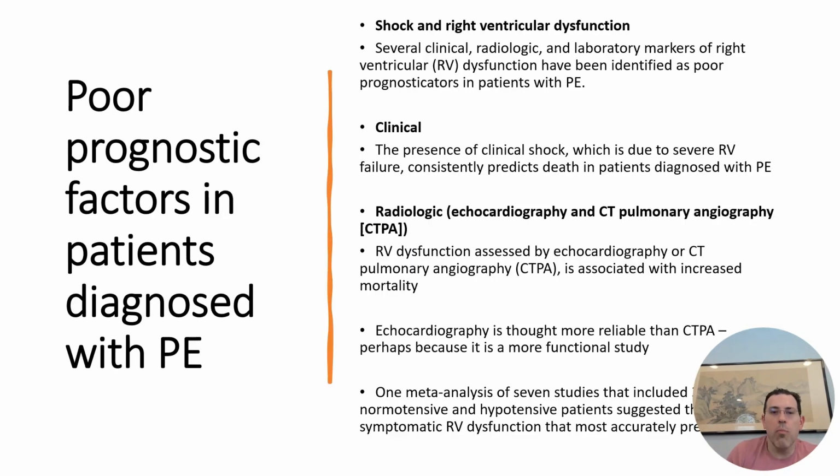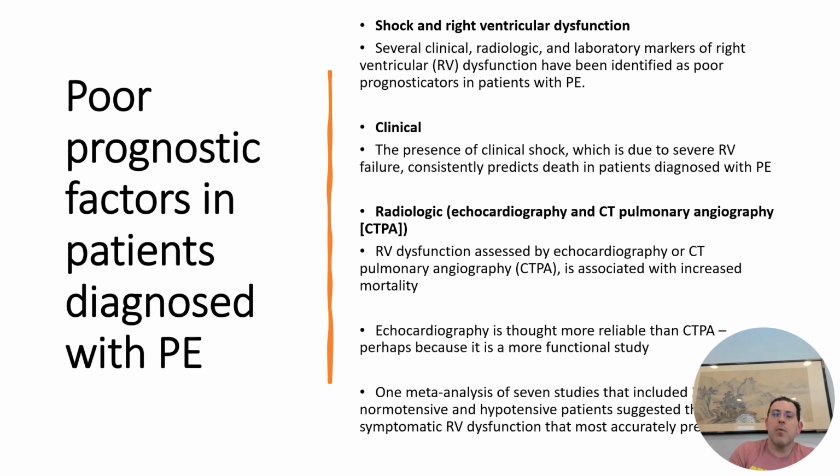So, what are some of the poor prognostic factors in patients diagnosed with PE? Again, I've spoken a lot about shock and right ventricular dysfunction. And really, one of the take home points from this particular slide here is, again, though I mentioned it, but it's just so important, that right ventricular dysfunction is best assessed by echocardiography, even though it can be assessed a little bit by pulmonary angiography as well.